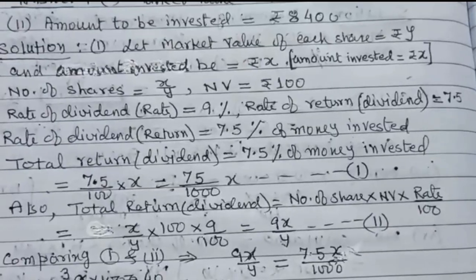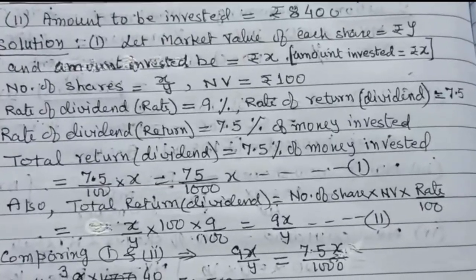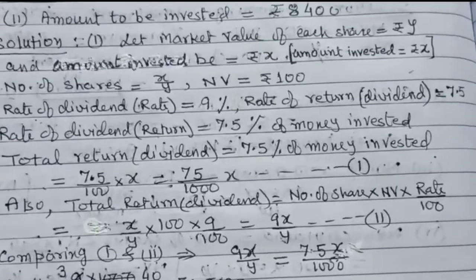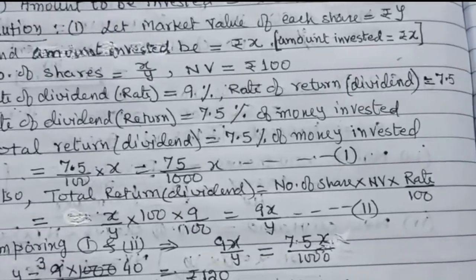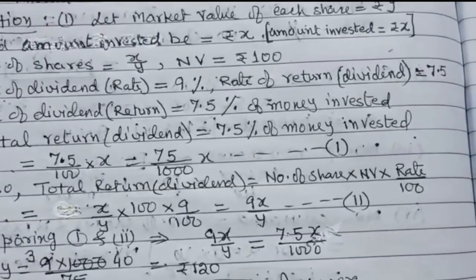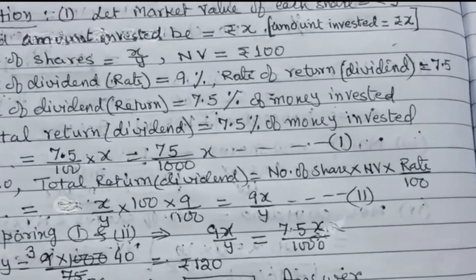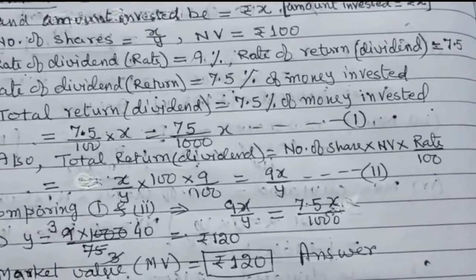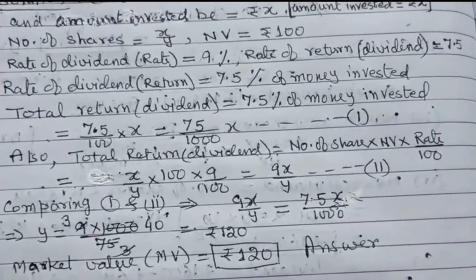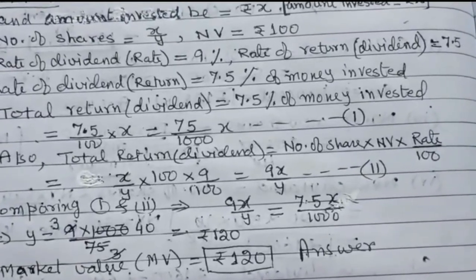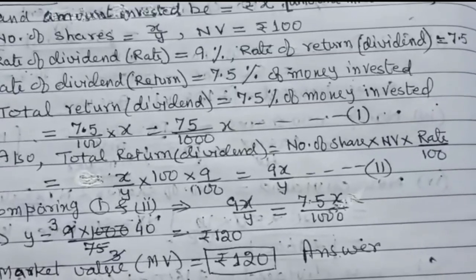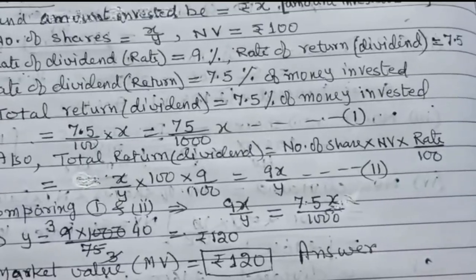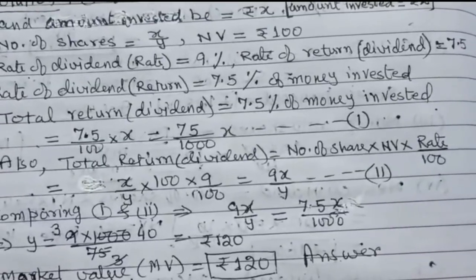We will find the dividend by using the formula: dividend or total return is equal to number of shares into nominal value into rate by 100. The number of shares is money invested, which is X, upon market value, which is Y, into the nominal value, which is 100, and the rate, that is 9.